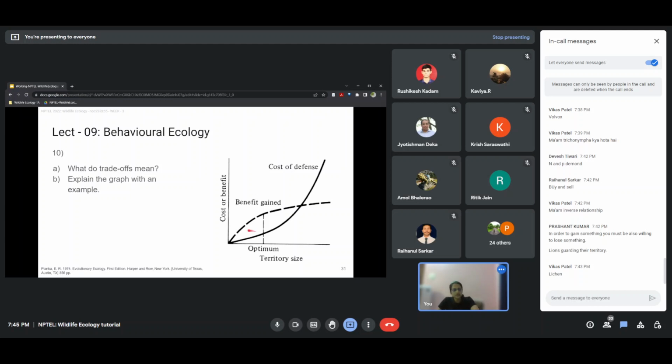And if you see this, the benefit gain curve kind of plateaus after a point. So out here, even though the territory size is increasing, the benefit gained plateaus. Why is that happening? It's not increasing like the cost of defense.